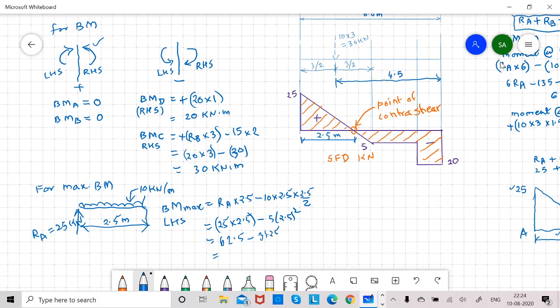So this is equal to 31.25 kilonewton meter.